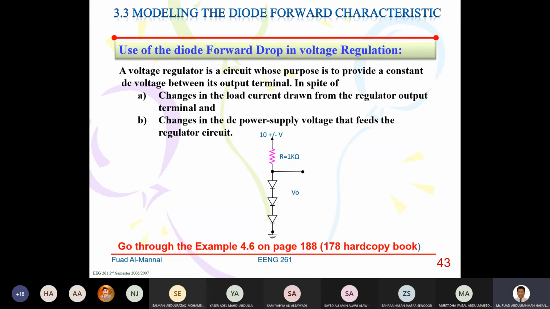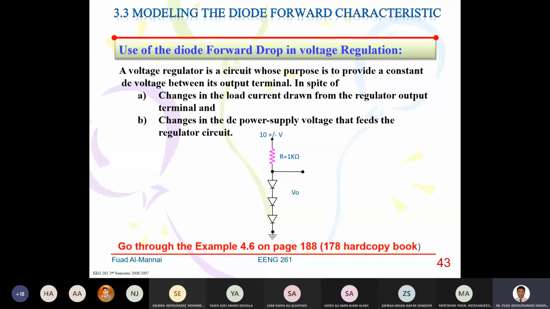Another application for your diode is mentioned on slide number 43. What do we use it for? We use the diode as a voltage regulator.